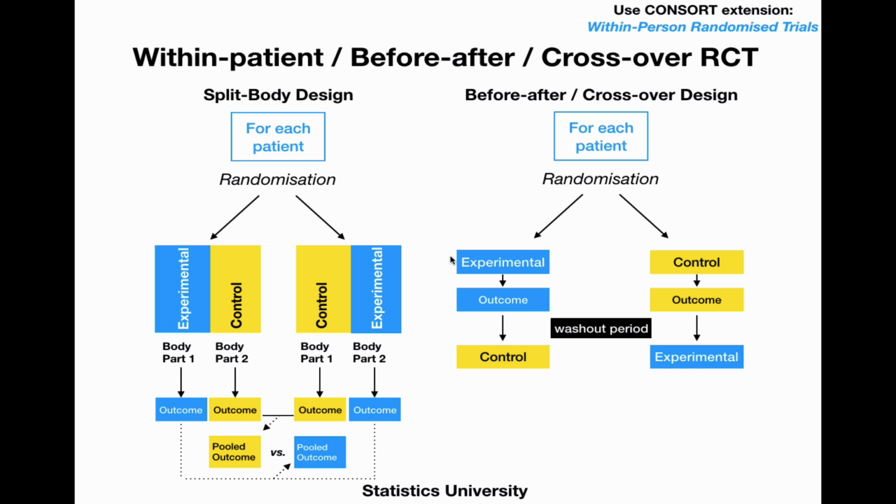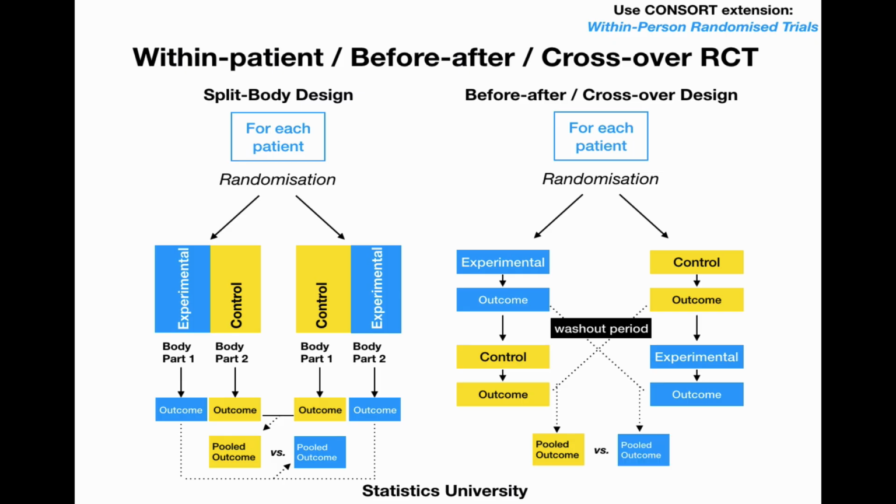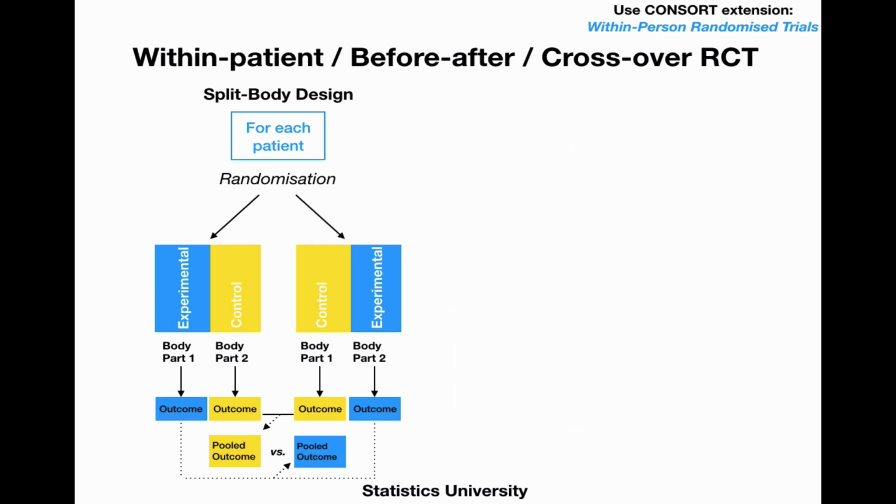So in this case, the patients that got experimental therapy up front now get the control therapy, and the vice versa is true for the patients that up front received the control therapy, they now get the experimental therapy. And then we wait again until patients can develop an outcome. And here we pool the outcomes of the control therapy moments and the experimental moments to compare the effect of those therapies. And for these studies, you need to use the within-person randomized trials extension to the CONSORT guidelines.